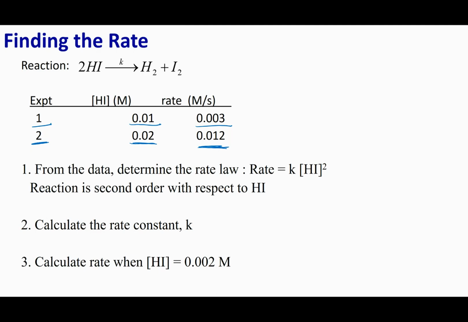Now, what I can do with this data is place it into equations, manipulate this data around, and then answer these 3 questions right here. So let's go ahead and do this with these as our data set using the initial rates method.